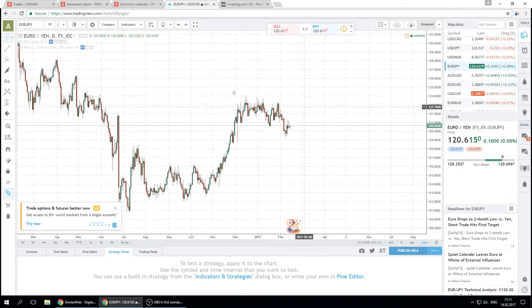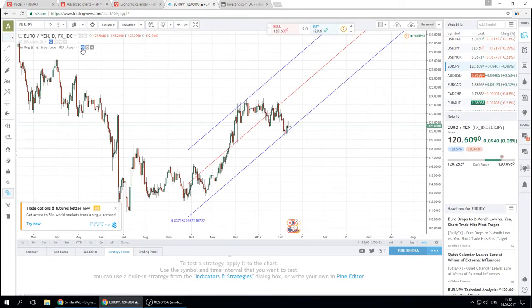Afterwards, it moved in the corridor, reflecting from the upper and lower lines, and the global chart shows us that the prices are moving up.